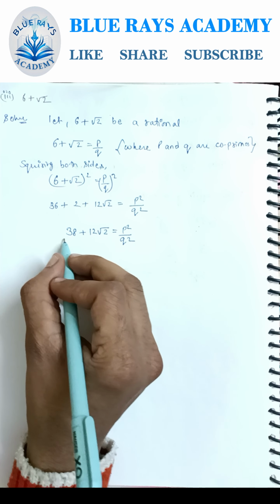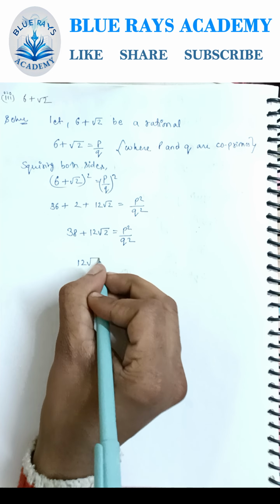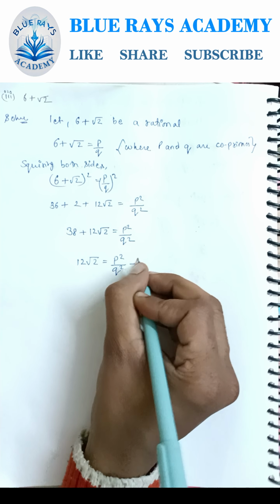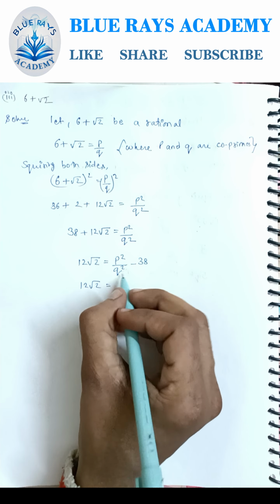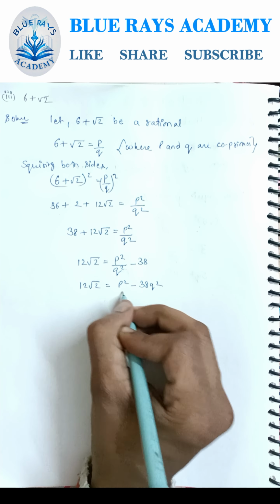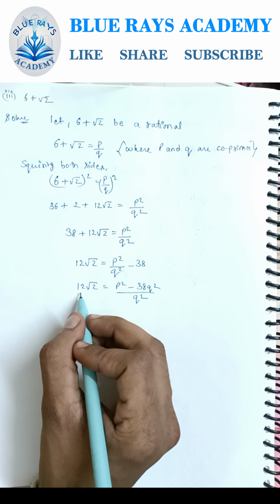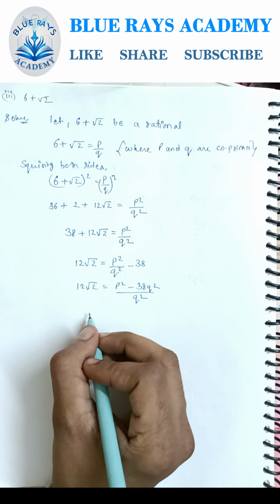Further solving, we will send 38 to the right hand side. Taking the LCM as q square, we will get p square minus 38q square upon q square. Now here 12 is in multiplication, we will send it to the right hand side as divide.